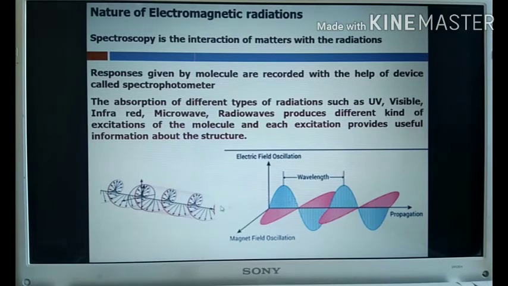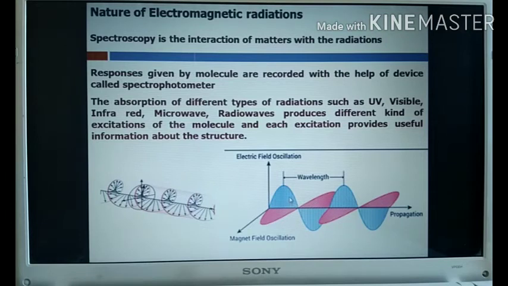When this electromagnetic radiation interacts with the molecule, either the electric field or the magnetic field interacts with the molecule and produces a change in the energy level. This blue portion or this pink portion interacts with the molecule, and therefore it brings about changes in the energy level, isn't it?